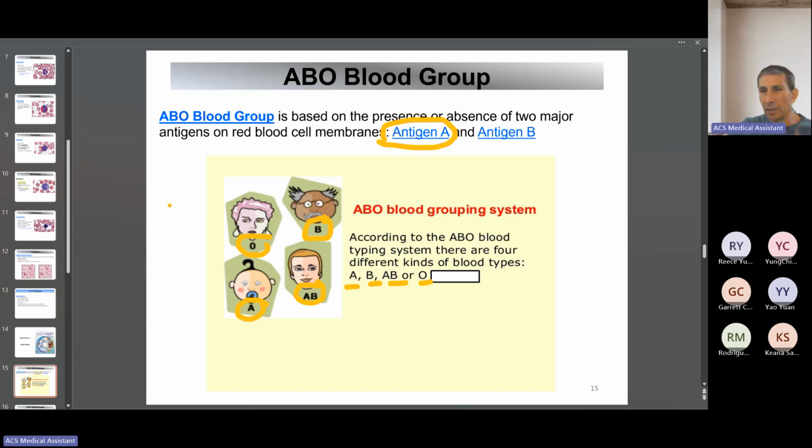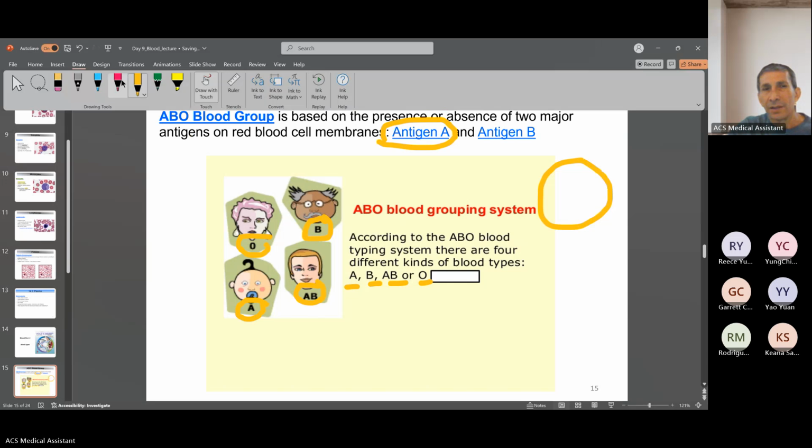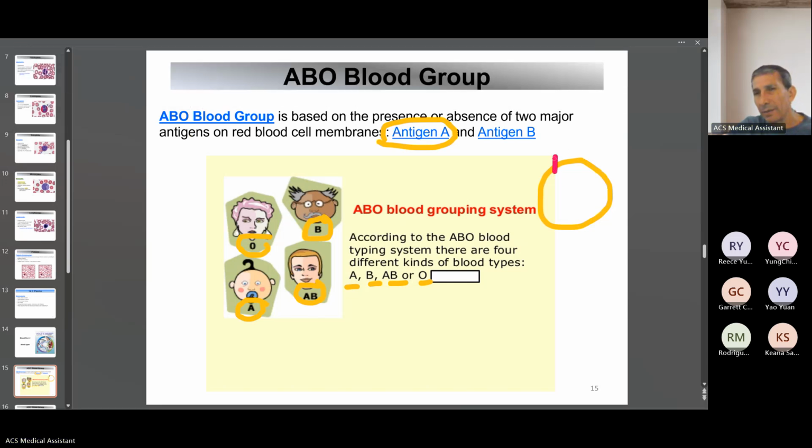So we're going to move on and determine that. The antigens are always located outside, on the cell membrane. So let's say that I'm type A, my antigen A is going to be on the cell membrane, not within the cytoplasm.